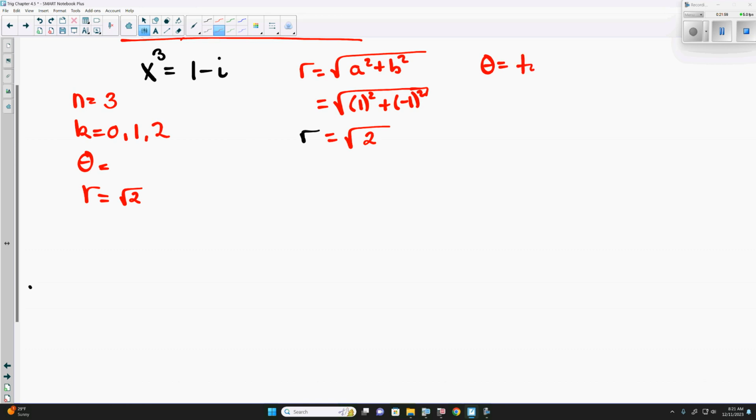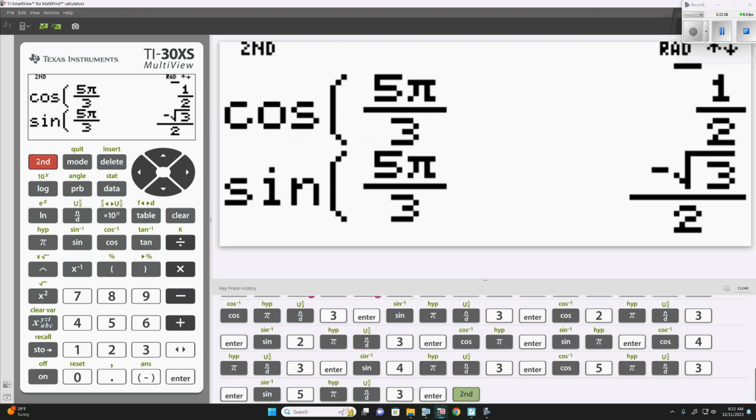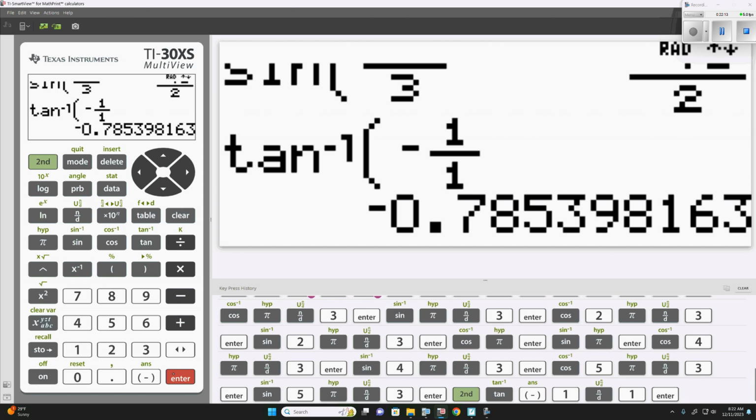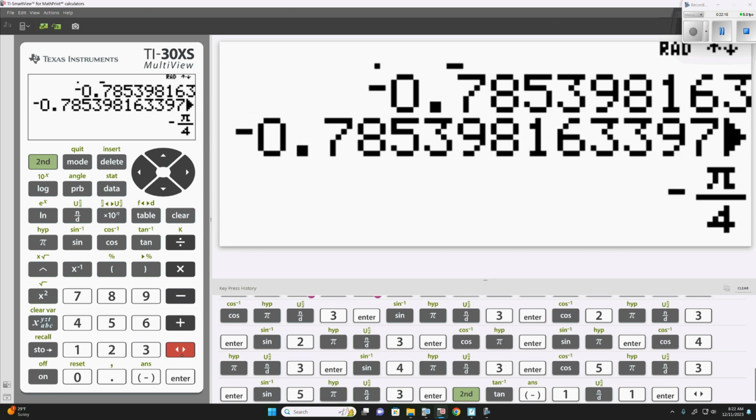Theta is our tangent inverse of b over a, -1 over 1. In the calculator, we can say second tangent inverse of -1 over 1 is negative pi over 4.